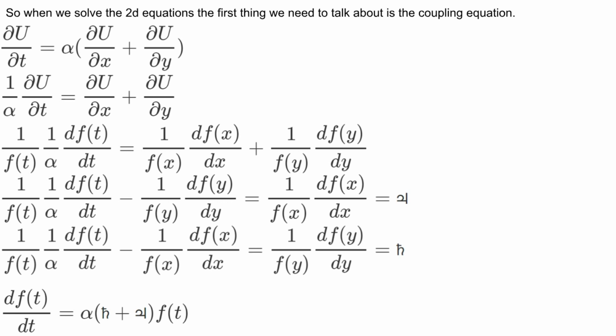This may look complicated, but the idea is that when the time derivative is equal to the 2 spatial derivatives added together, and we know that these 2 spatial derivatives are both equal to 2 different constants, then the time derivative is equal to those 2 different constants added together. So the idea of the coupling equation is pretty simple to understand.